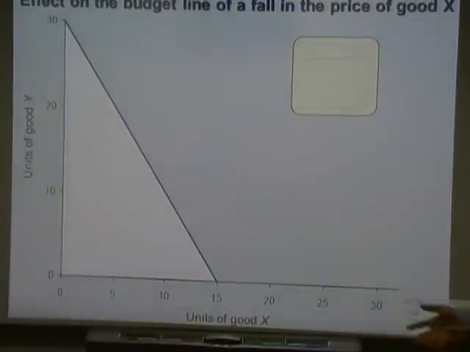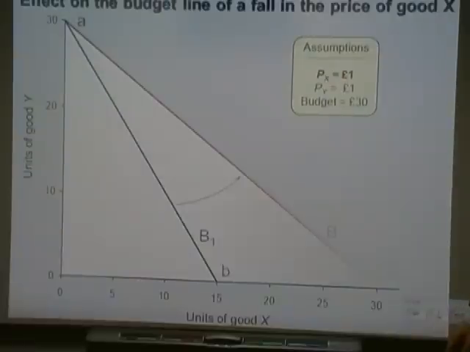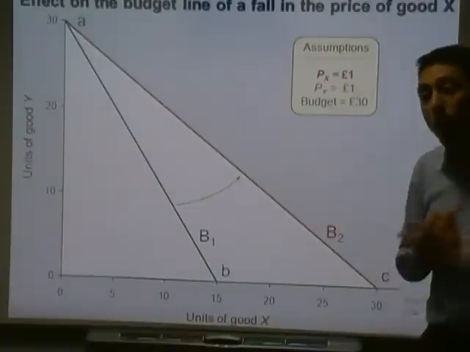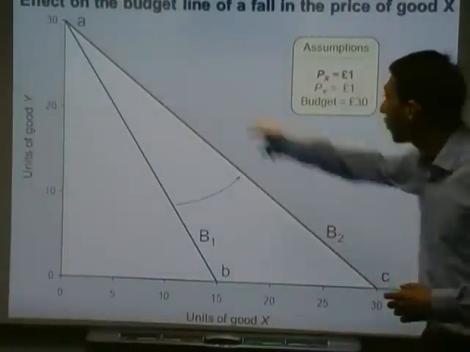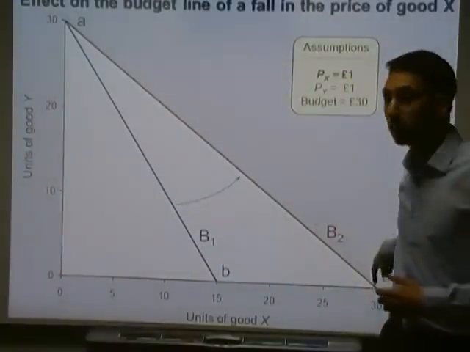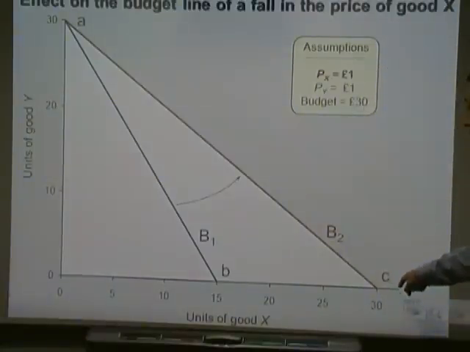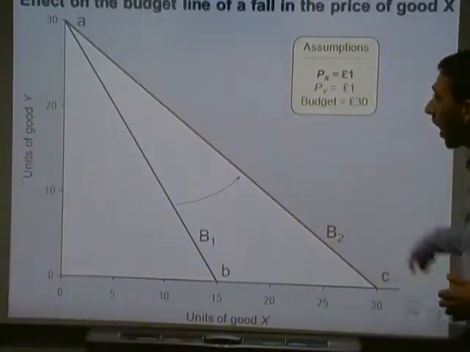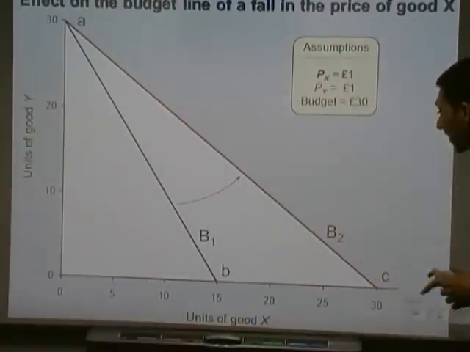But if the price of X goes from £2 to £1, then we will be able to buy 30 units of good X if you are spending all your money on X, and so this will be your new budget line. That's A over there and that's C over here, A has been common because the price of Y has not changed, but the price of X has changed.